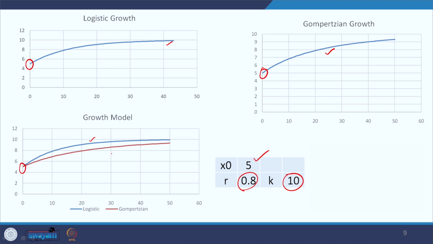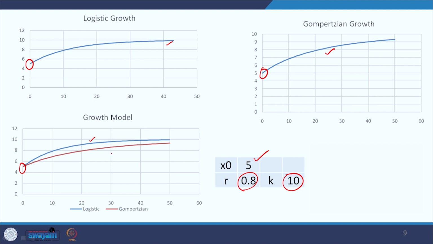So the question is which one to use and which one is better in a particular model. When you model something, say whether it is a growth of a population or a growth of a tumor, you will get some data. And from that data, you have to choose a particular function.